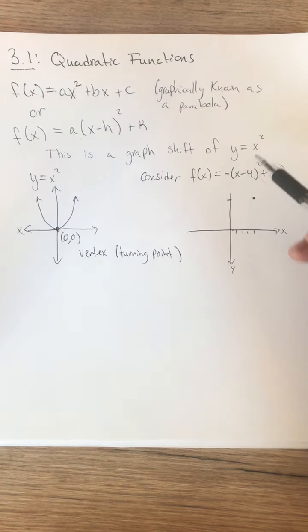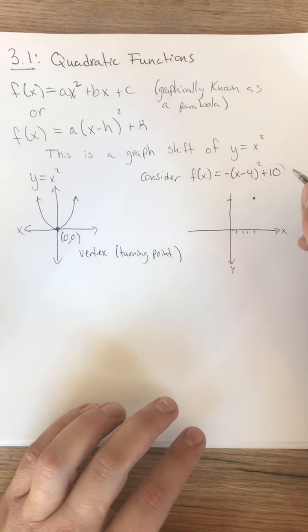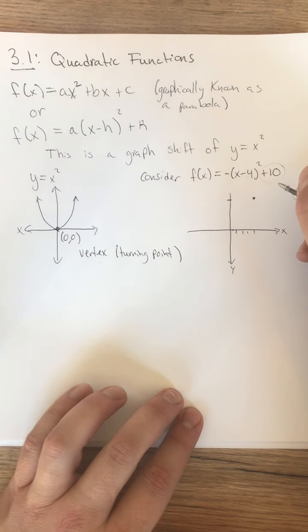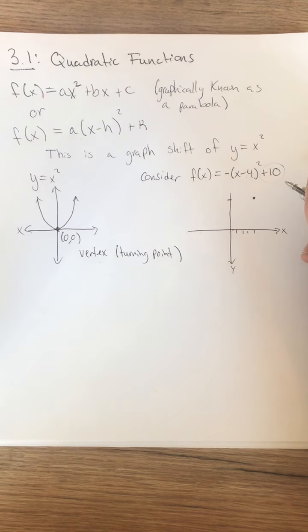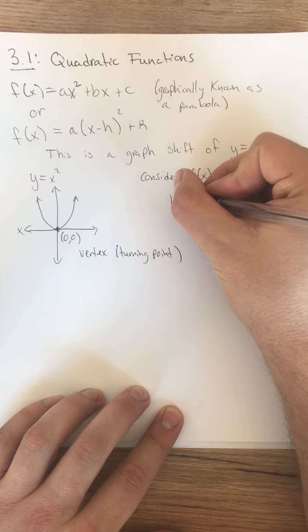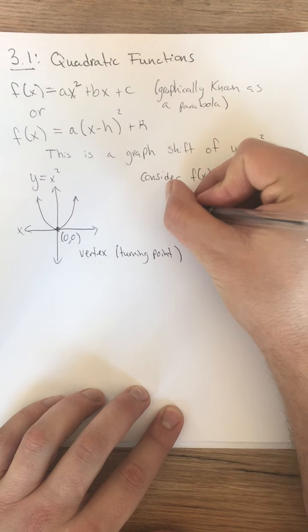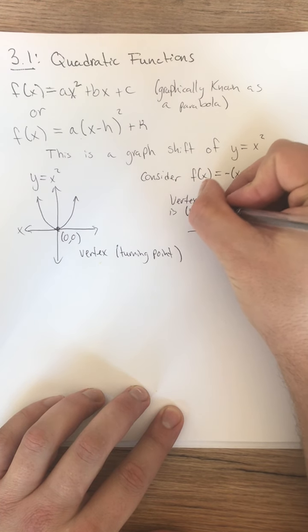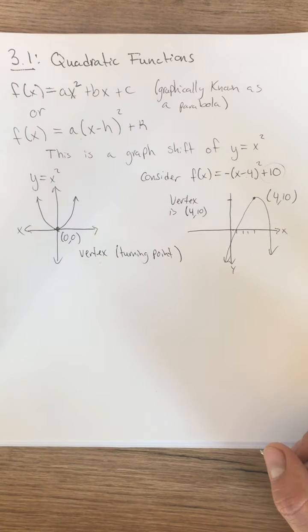So this graph is going to face down. And we're going to do our best to draw a parabola through there. So that makes the vertex 4, 10. And that's where the graph turns around.